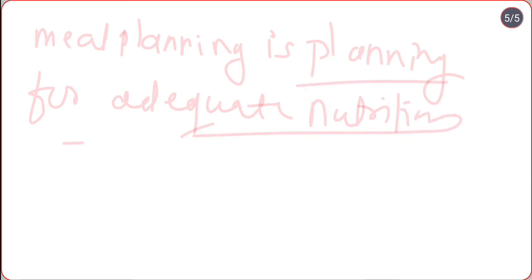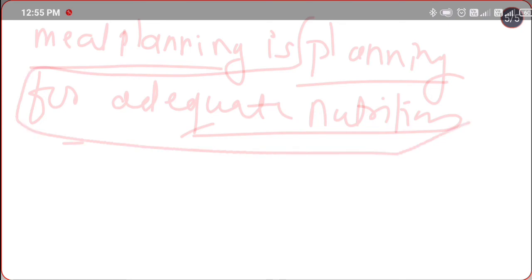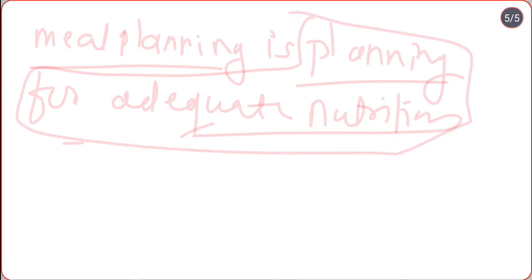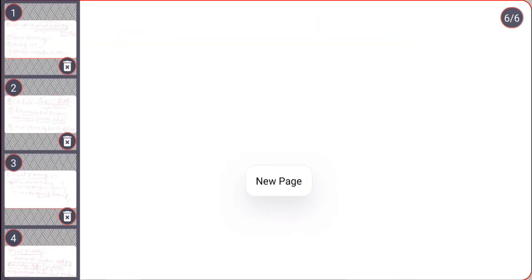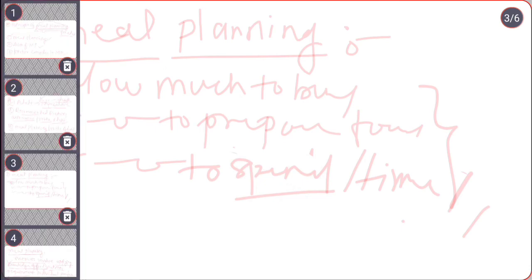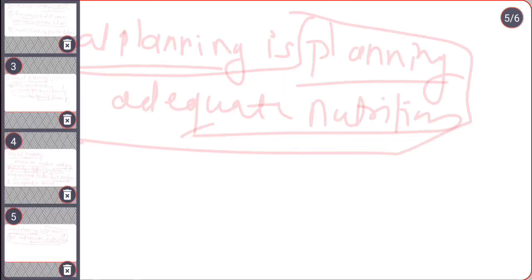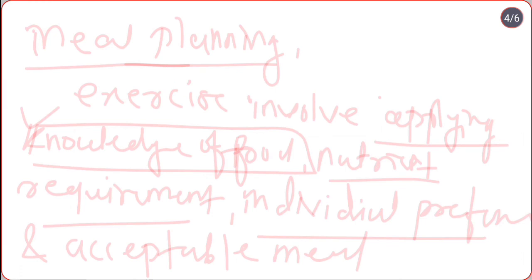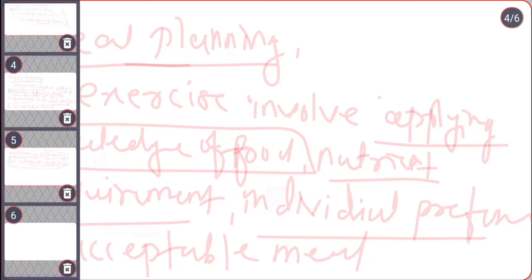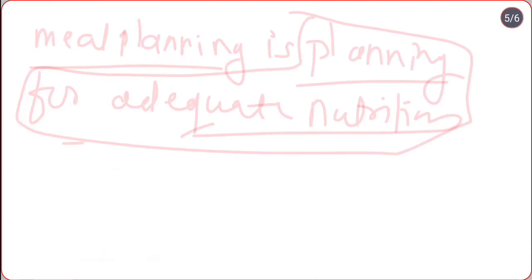That is called meal planning. The main focus is nutrition: applying the food knowledge and the nutrient requirement, with individual preference. Meal planning in one simple word is the planning of adequate nutrition. Simple.